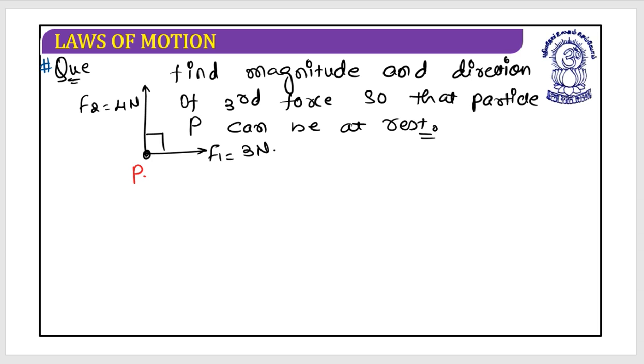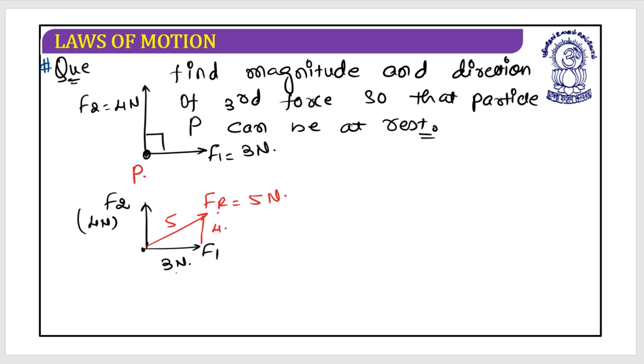Let's suppose this is the first force F1, this is the second force F2, this is 3 Newton, this is 4 Newton. If I take the resulting effect of these two, Fr should be equal to 5 Newton, and the angle, this is 4, this should be 5, so this angle should be equal to 53.